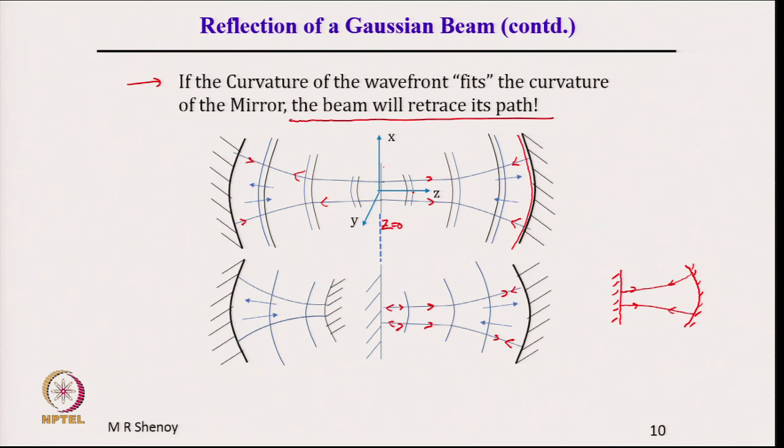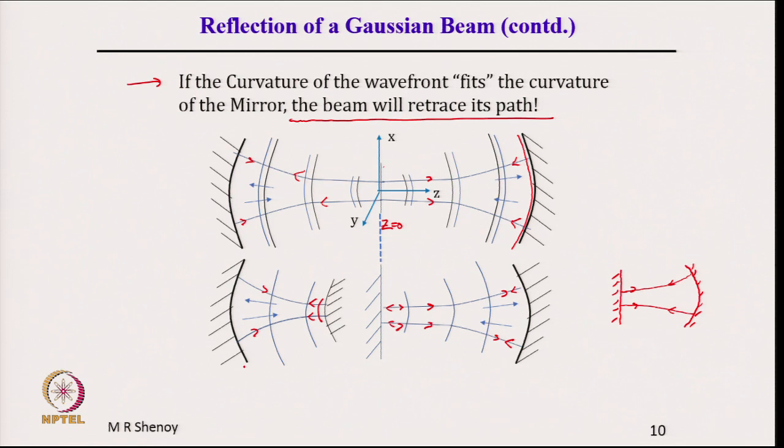Similarly, we could have here a convex mirror and a concave mirror. The convex mirror, look at the beam which is coming from here. When the beam comes from here, at this point it has a concave wavefront like this, and if it fits exactly the curvature of the convex mirror, then R m will be equal to minus R I, and therefore, the beam will get reflected back along the same line.